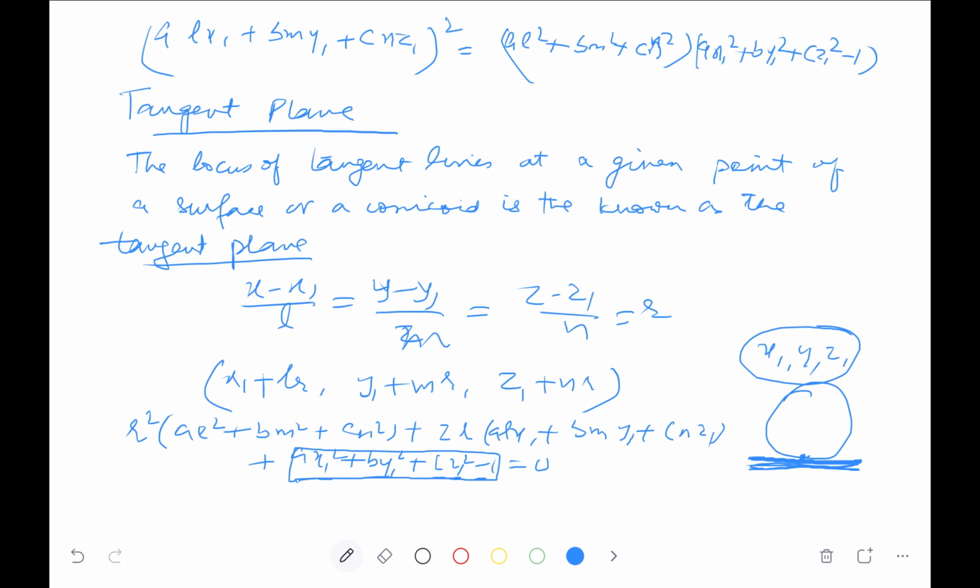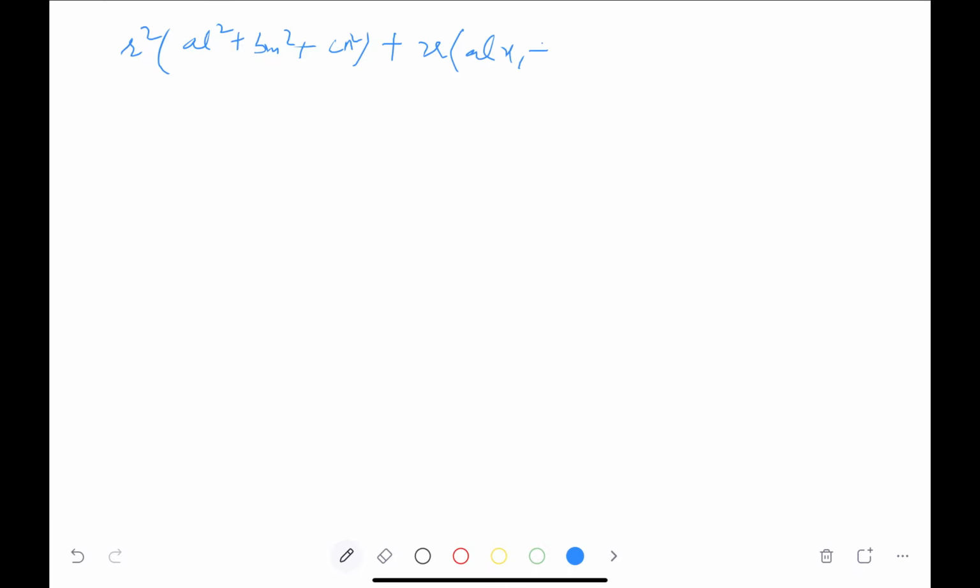So our quadratic now remains r square into (al square plus bm square plus cn square) plus 2r (alx1 plus bmy1 plus cnz1) is equal to 0. As the point x1, y1, z1 lies on the conicoid, it must satisfy its equation. Now two values of r must be same because we want the line to be tangent to the conicoid.